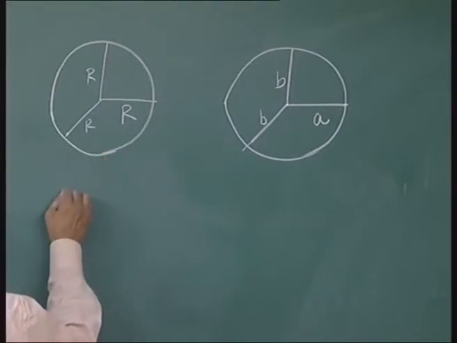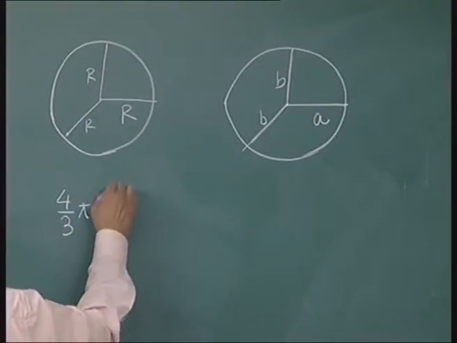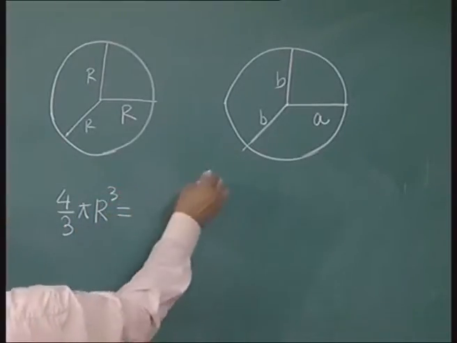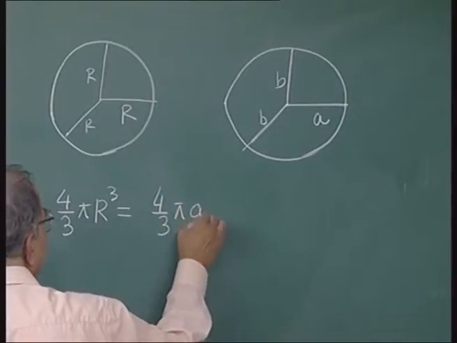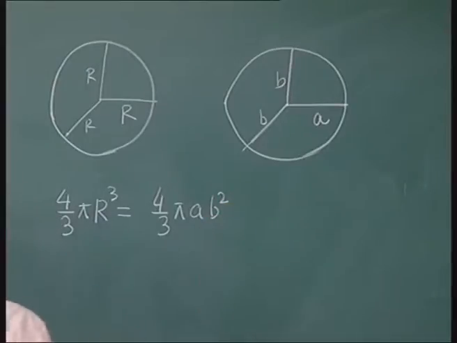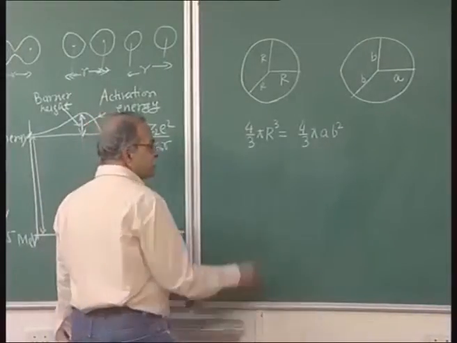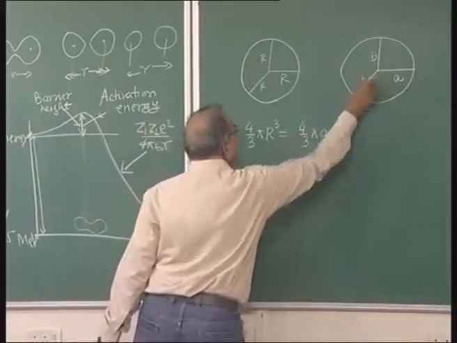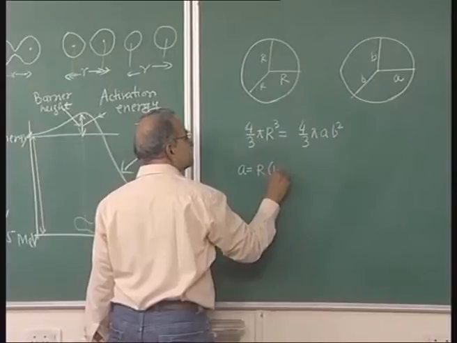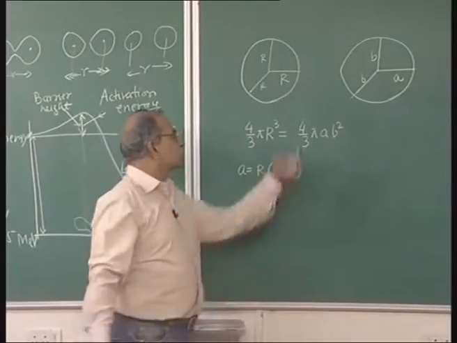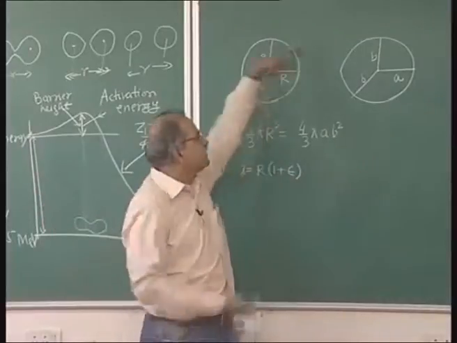So, the volume here is 4 by 3 pi r cube, and the volume there is 4 by 3 pi a b square. So, the volume should be the same, nuclear density is the same, and if I write this A as r times 1 plus epsilon, this radius is increased, it is elongated, and this is compressed.